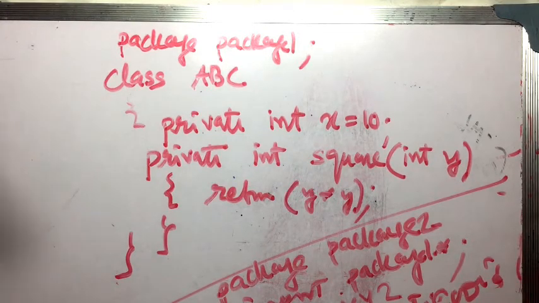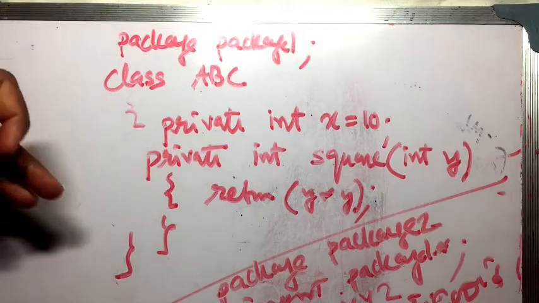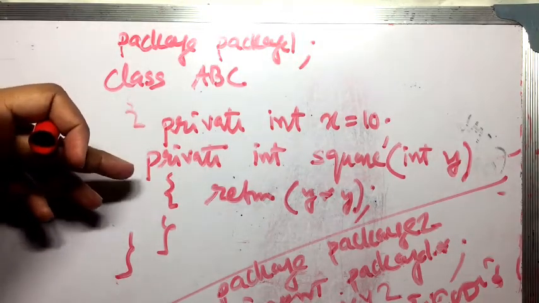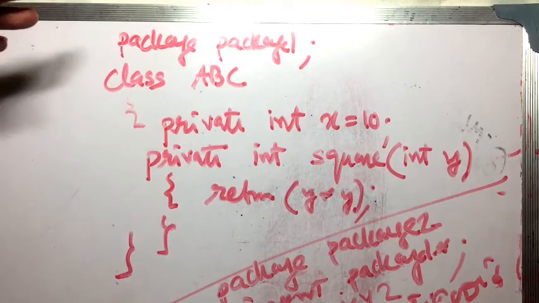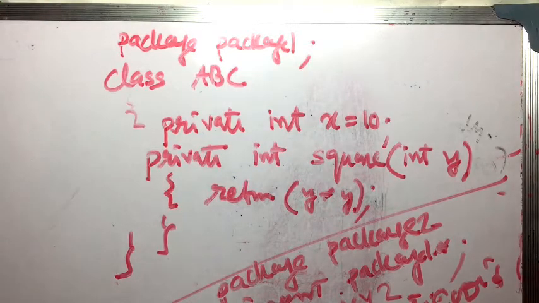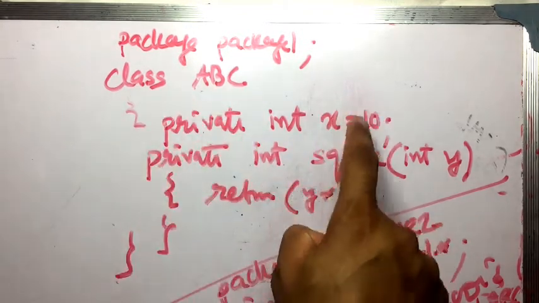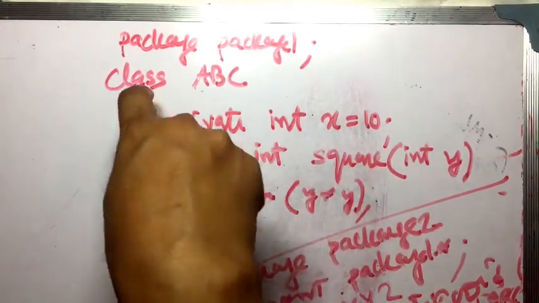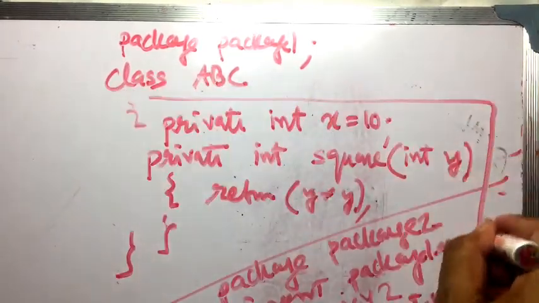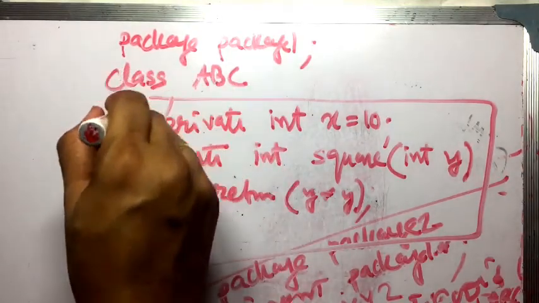But when we try to access the x variable, or use the square method, it is not possible. The ABC is the class name. Suppose the object is A = new ABC(); there is an error, because a.square is not possible, and a.x = 20 is not possible, so there will be an error. The existence of x and the existence of square is only within this class.